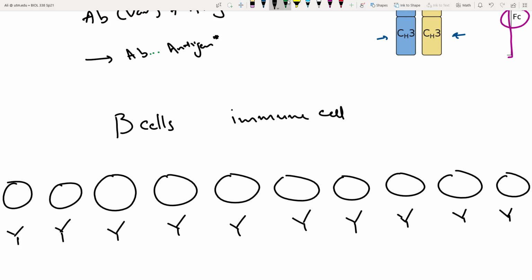For example, this one, let's say, has a green circle. And let's say this one has a red circle. This is just to denote that the variable regions are different. And blue, purple.